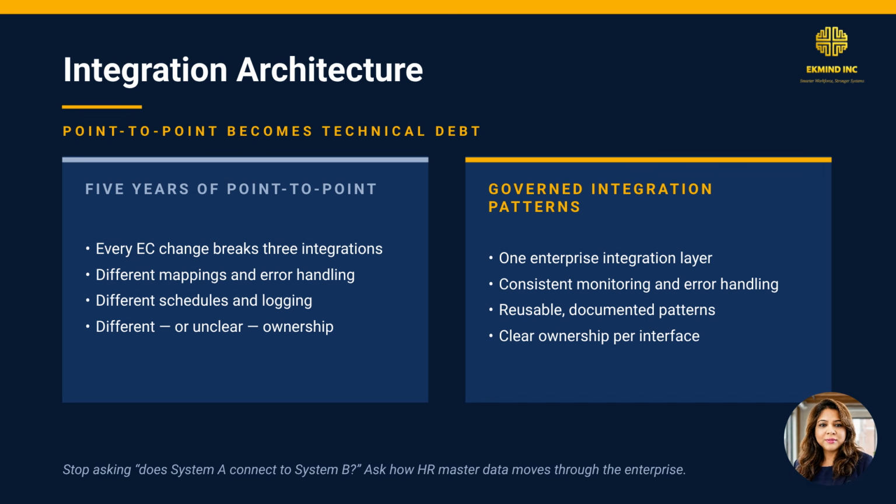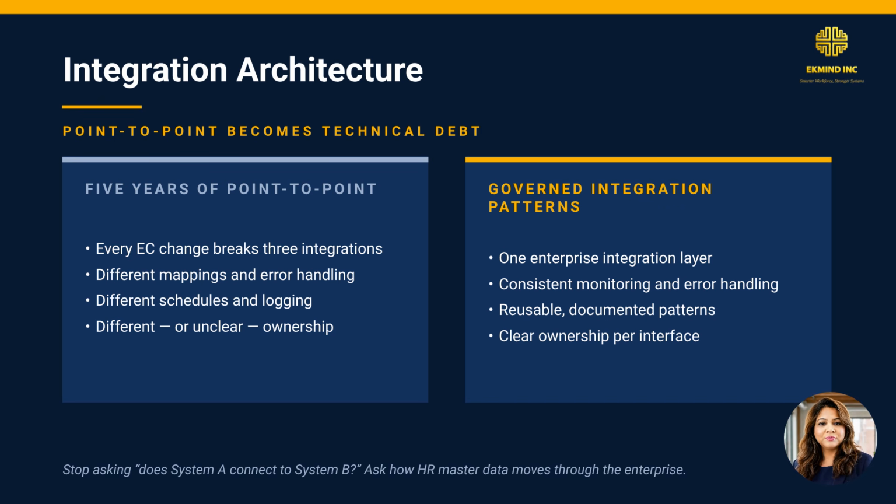Now let's talk about integrations. This is where many HR transformations become unnecessarily complicated. Imagine Employee Central in the middle, connected directly to payroll, benefits, identity management, finance, data warehouse, time, S4, learning, third party systems, and every application builds its own custom point-to-point connection. Initially, it looks fast. Five years later, the landscape looks like spaghetti.